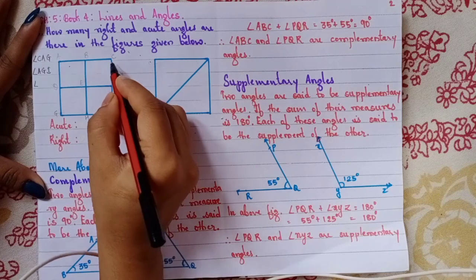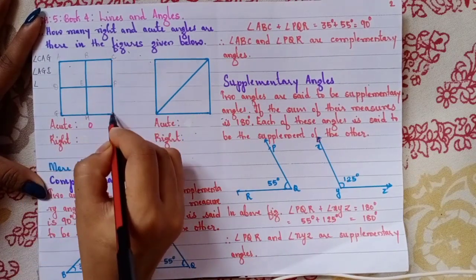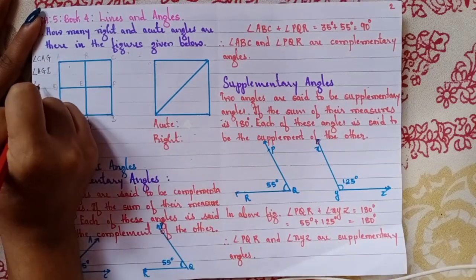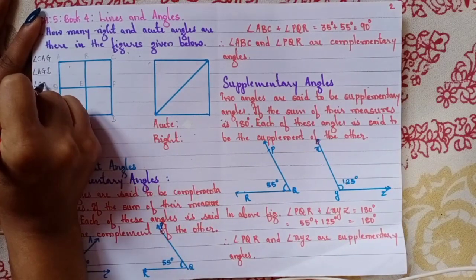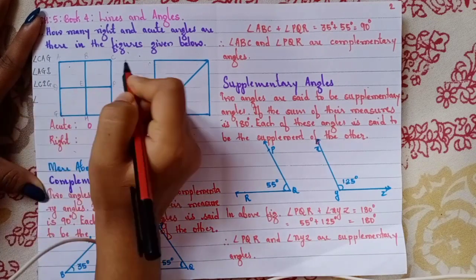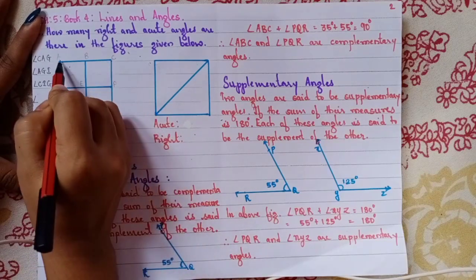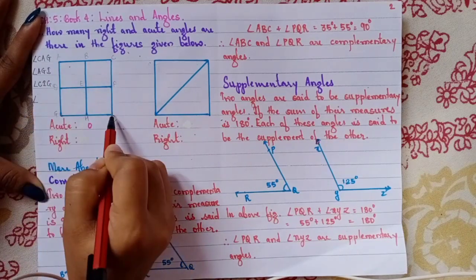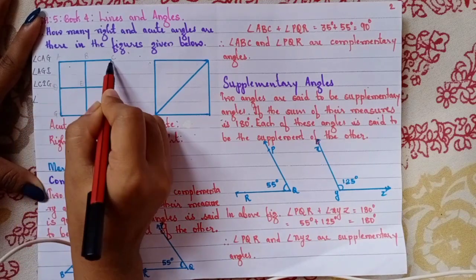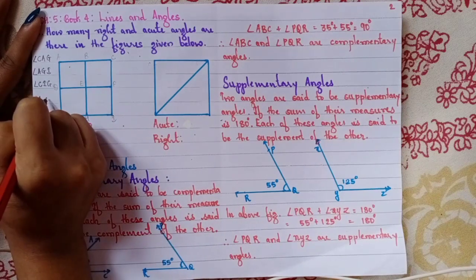Next we have angle CIG. Here one right angle has been formed. So let's write that, angle CIG. The next angle we have is ACF. So this corner we have finished, even this angle is over, and now the last angle of the full square, that is ACI.